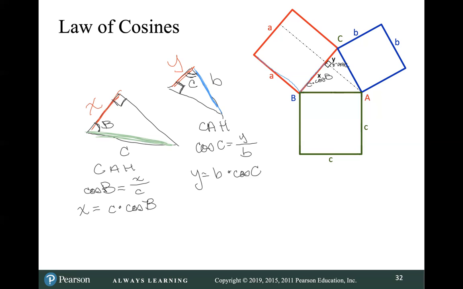So we know that the area here is a times c times cosine of B. And then the area of the second rectangle is going to be, again, dimension a times y. So that's a times b times cosine of C.